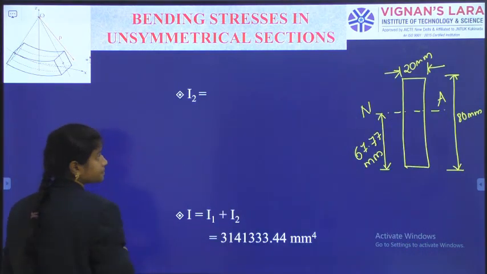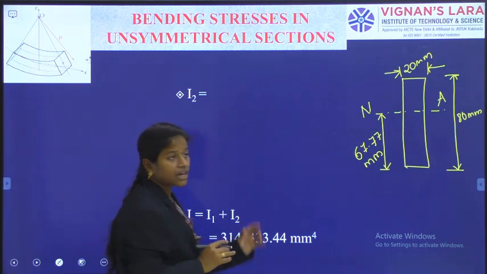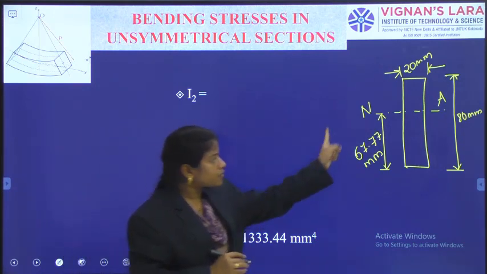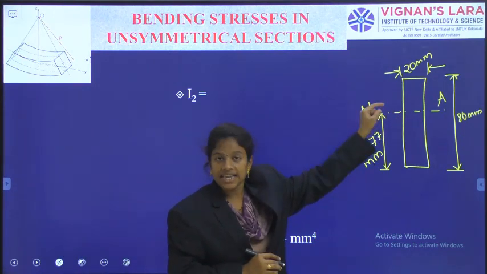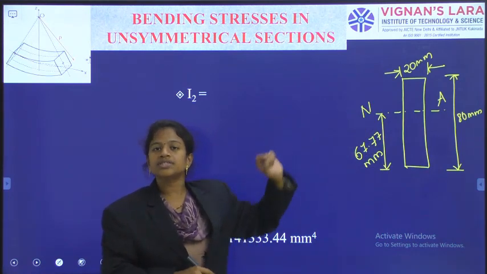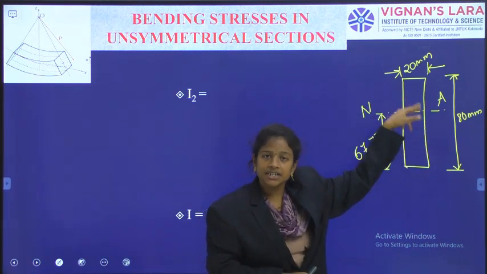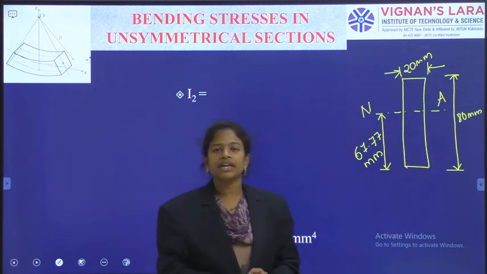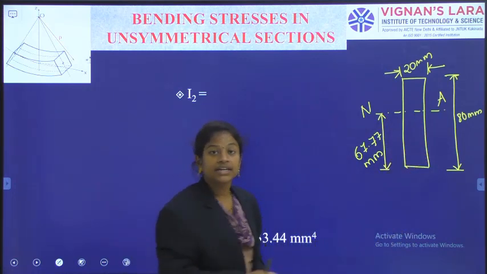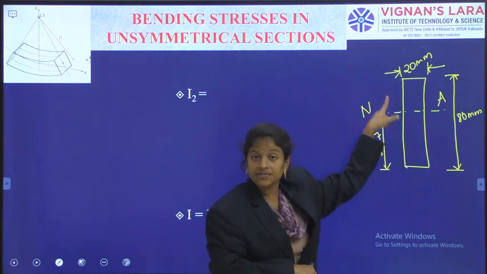Now I have to write the moment of inertia of this portion about the neutral axis. If the neutral axis is its own centroidal axis, I can simply write b d cube by 12. But what is the centroidal axis of this web?